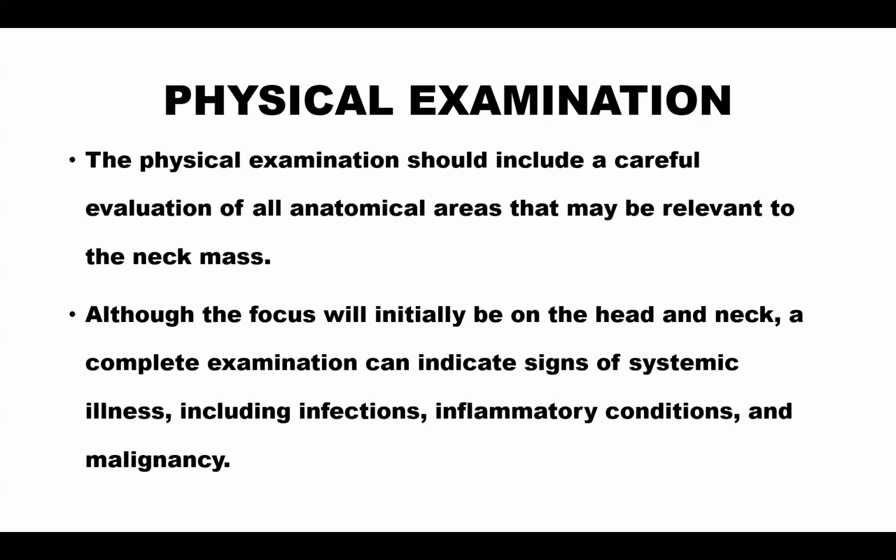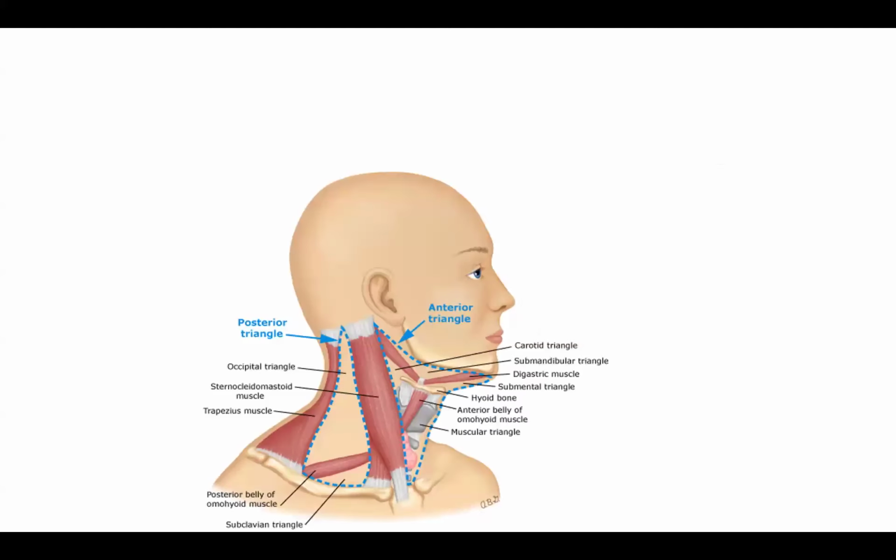A complete examination can indicate signs of systemic illness, including infections, inflammatory conditions, and malignancy. Now, back to the neck, you can see the various areas where all these lesions can actually occur. You can have deep neck space infection.